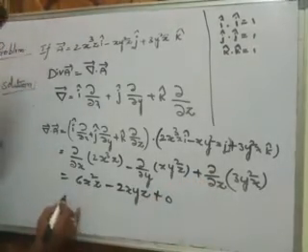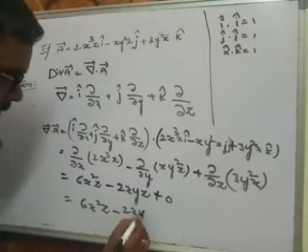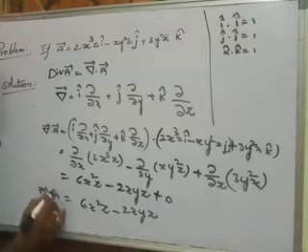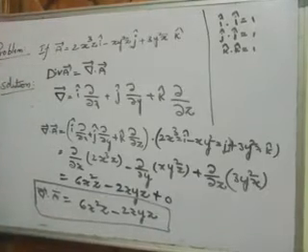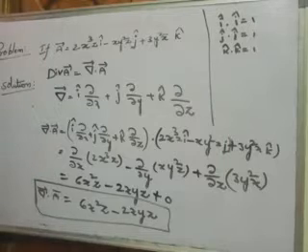The final answer is 6x squared z minus 2xyz. So del bar dot a bar is equal to this one, this is the answer. In this way, we have to do divergence of a vector problems.